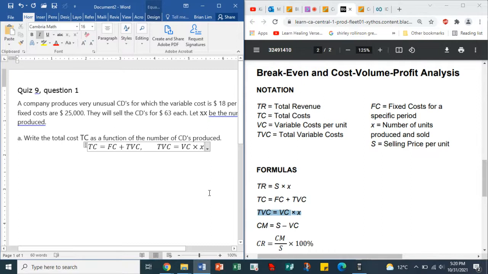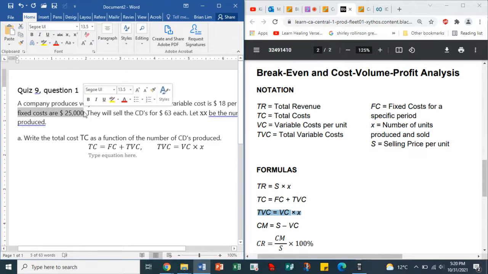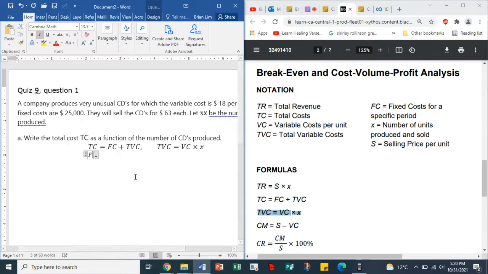So what are we doing next? What is the fixed cost? We are given the fixed cost. Fixed costs are 25,000. So the fixed cost is equal to 25,000. Next, what is the total variable cost?